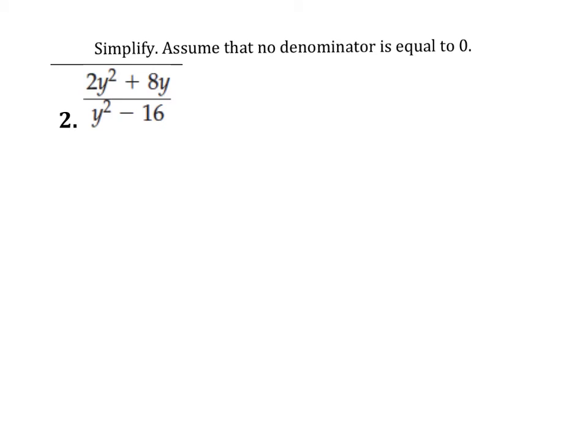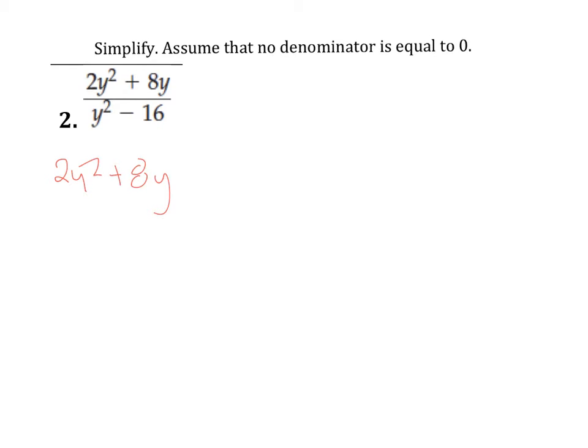You can see that in the next problem it does say simplify again, and when we simplify, we're not dividing. We're factoring. That's what 5-4B is about. So in my numerator, 2y squared plus 8y. It's a binomial, so we're not going to use the AC method, but I do notice that we can GCF.